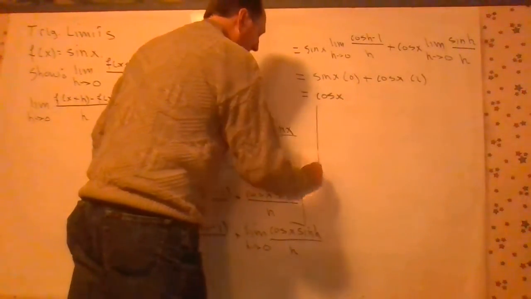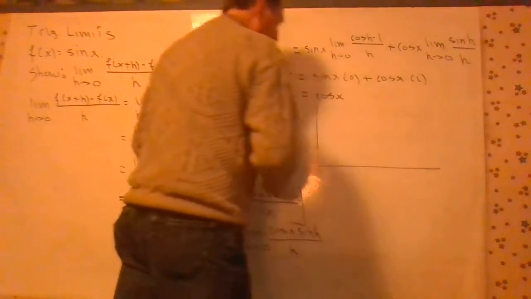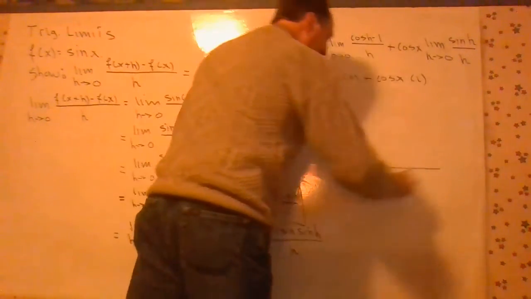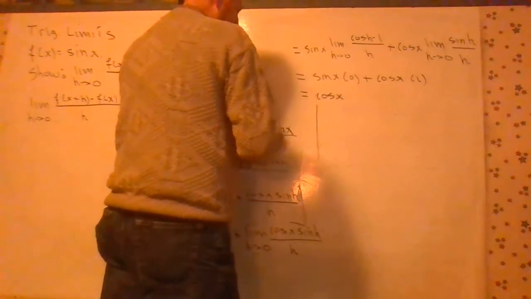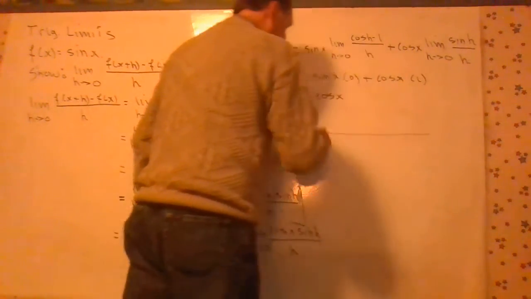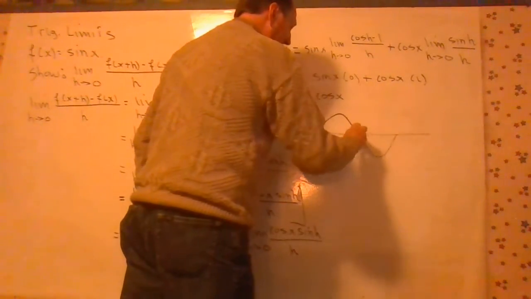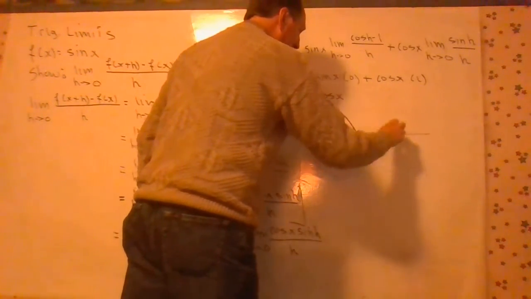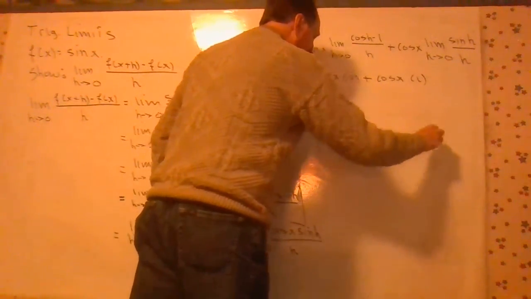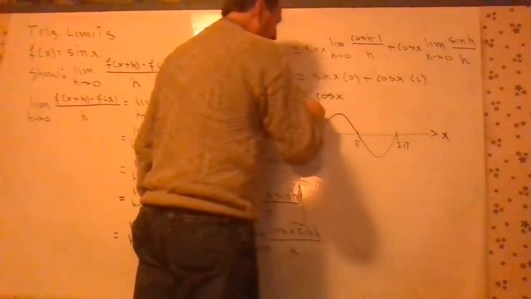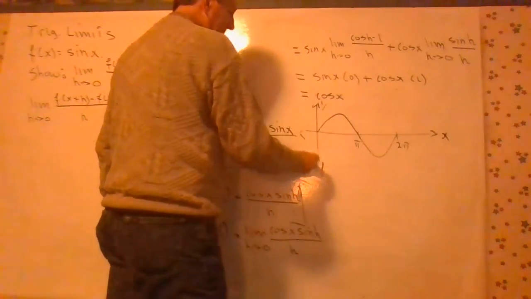It's really easy to illustrate that, by the way. You can take a basic sine function, and of course if you graph it, the sine function looks like that, where there's pi, there's 2 pi, and that could be x, that could be y.